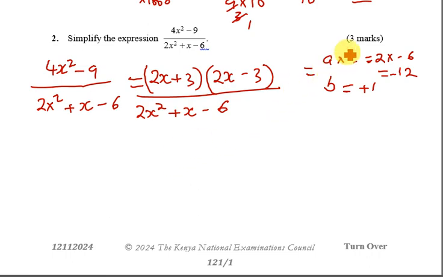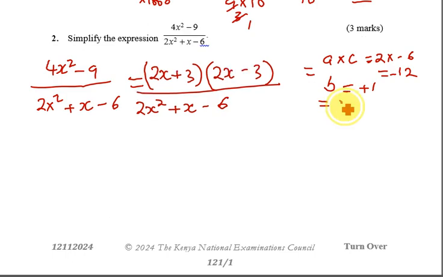So we need to look for two numbers. When we multiply them, we get negative 12, and when we add the two numbers, we get positive 1. So these two numbers are negative 3 and 4.